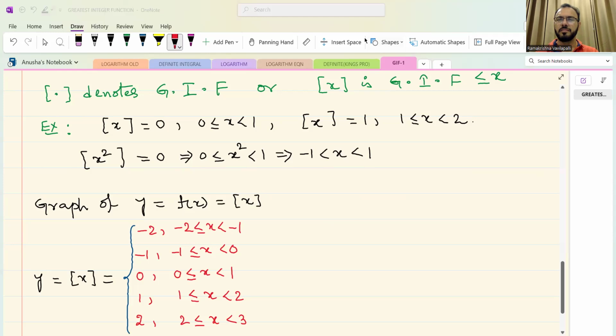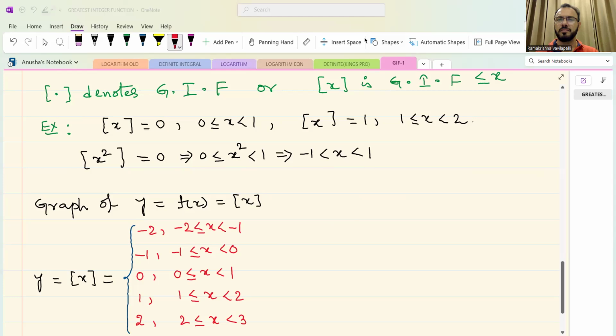If we assume this is 1 unit, then this is the line y equal to 1, parallel to the x-axis at a distance of 1 unit above it. If it is 2, then it represents y equal to 2. Similarly, if it is minus 1, then we write y equal to minus 1. If it is minus 2, then y equal to minus 2.